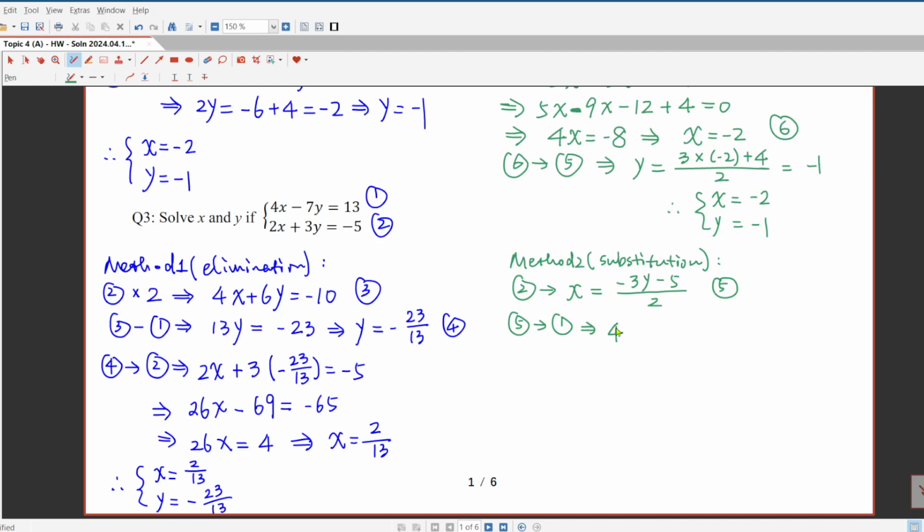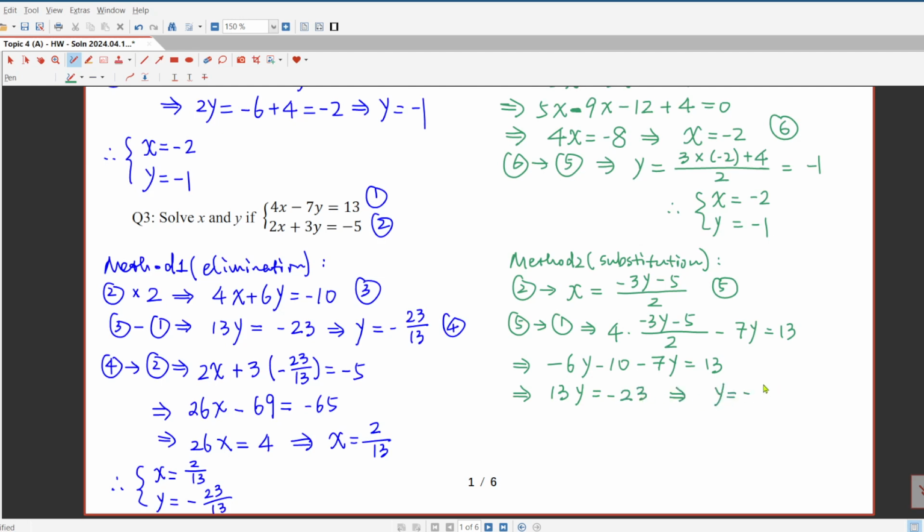This will give you 4 times (negative 3y minus 5) over 2, then minus 7y, right, equals 13. So simplify this equation will give us negative 6y minus 10, then minus 7y equals 13, which can be further simplified to 13y equals negative 23.